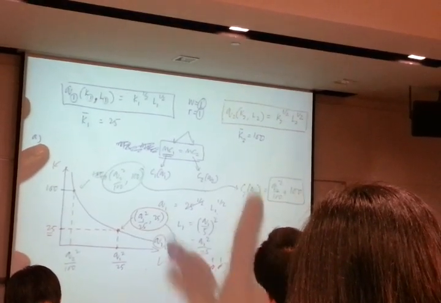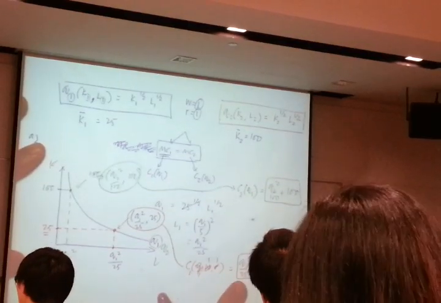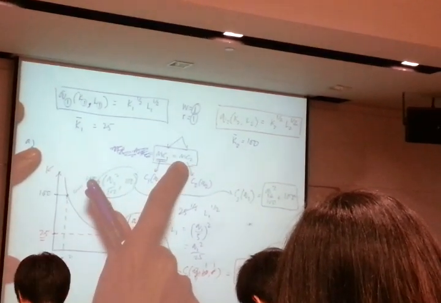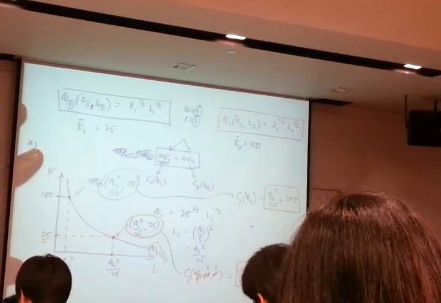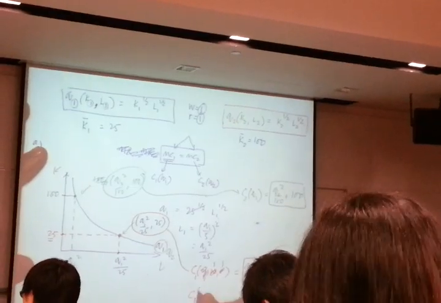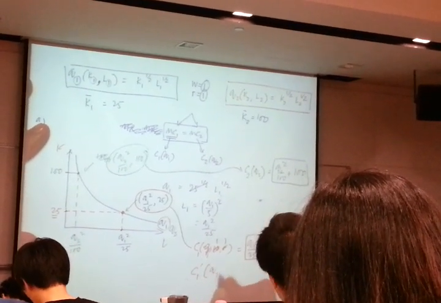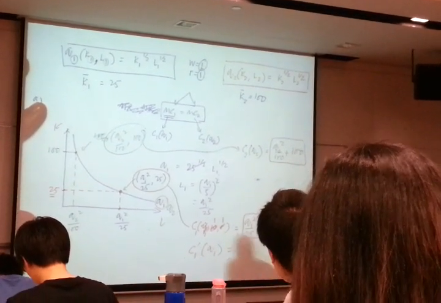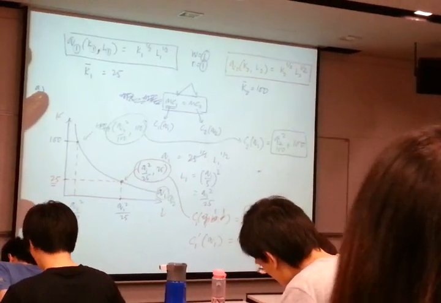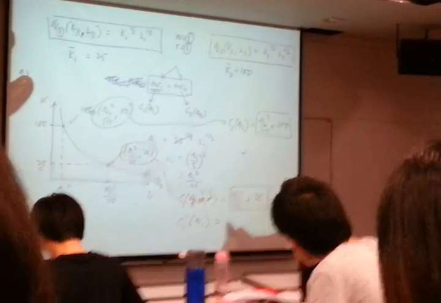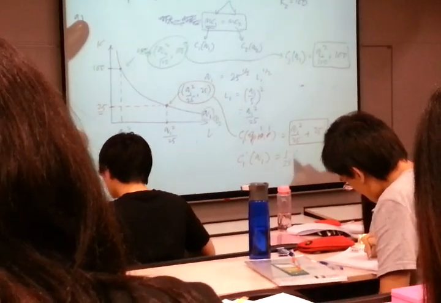Now, I have the total cost function, but that is not what I was interested in. I wanted the marginal cost function. So let me get the marginal cost function for plant 1, C1 prime of Q1. Differentiate this with respect to output. Therefore, you will get 1 over 25 times 2Q1.